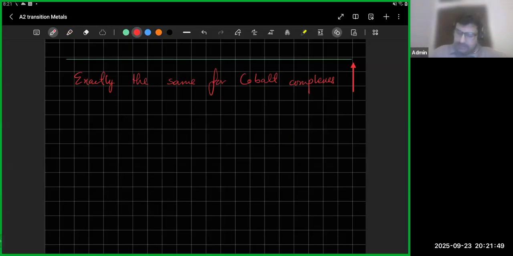So for cobalt, remember the complexes are exactly the same. There's Co(H2O)6 2 plus, or the complex with ammonia.